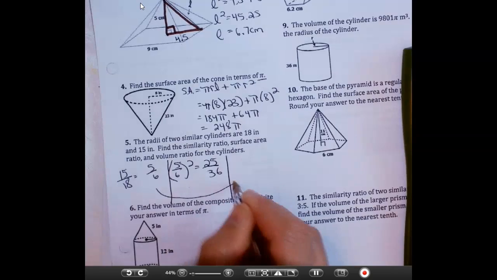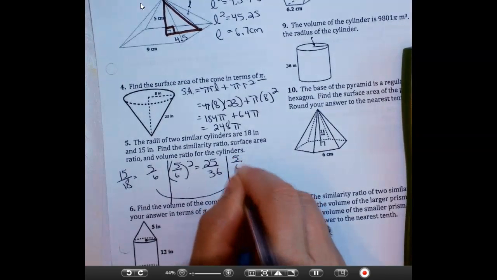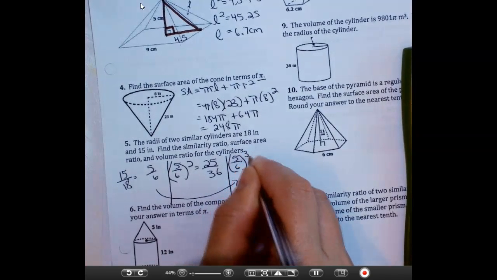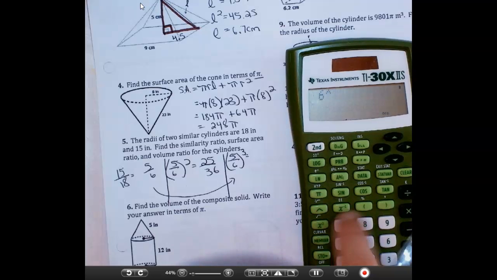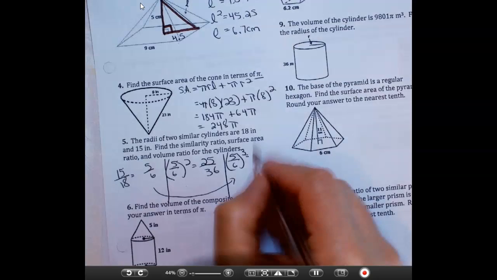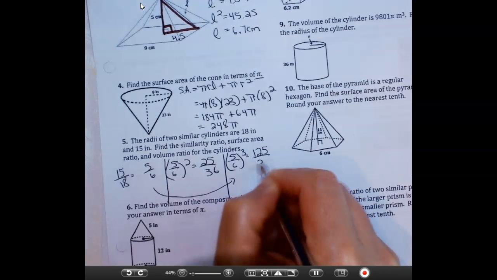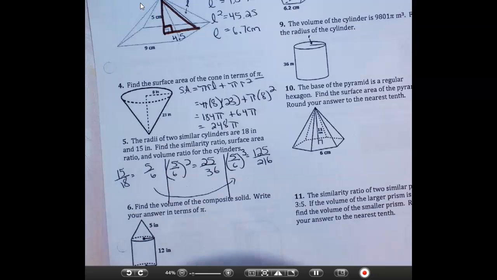And to get from here to here, I would need to take 5 over 6 and cube it. And again, just to show you, so 5 cubed is 125. 6 cubed is 216. So 125 over 216.